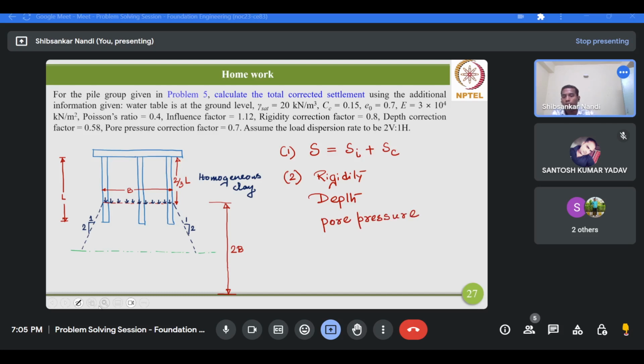The rigidity and depth corrections are applicable to both components, that is immediate and consolidation settlement. However, the pore pressure correction is only applicable to which component, immediate or consolidation? Consolidation, sir. Yes, very good. So this is only applicable for the consolidation settlement.